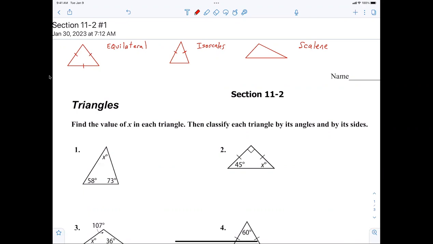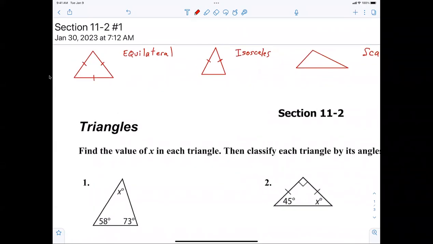Now, if you're going to classify it by its angles, you have a choice. In this one, we say all of the angles are what? Less than 90. So that's called an acute triangle. All angles are less than 90 degrees, so it is considered acute. Now, can isosceles be acute or obtuse?